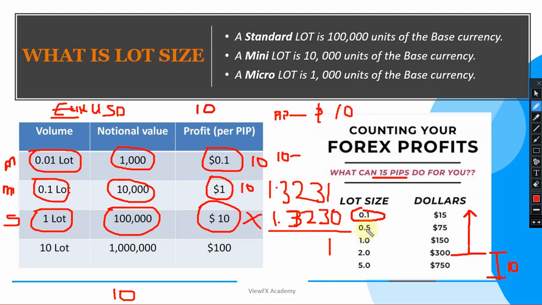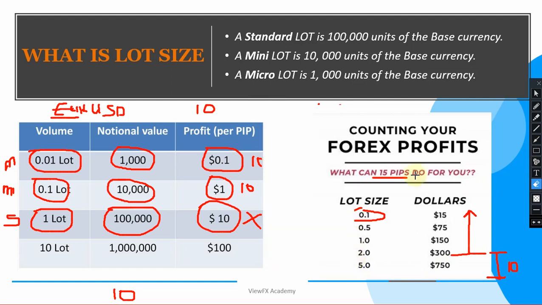Then if you use 0.5 lot size, that same 15 pips is going to give you $75. Then if you make it one standard lot, 15 pips is going to give you $150. Then if it's 2 standard lots, that is $300, and 5 standard lots, that is $750. Because I want to explain this thing to you in full.